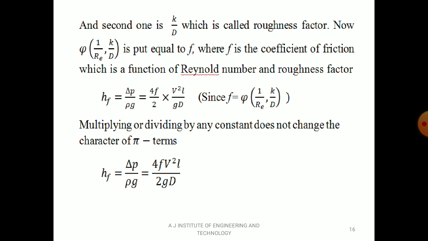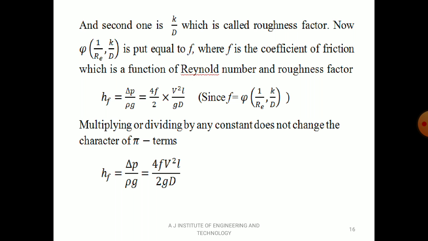So delta P by rho G is V square L divided by GD into F. Multiplying by 4 and dividing by 2 does not change the character of the pi terms. So HF equal to delta P divided by rho G, which you can rewrite as 4F V square L divided by 2GD. That is the expression for HF, the pressure head or friction head.